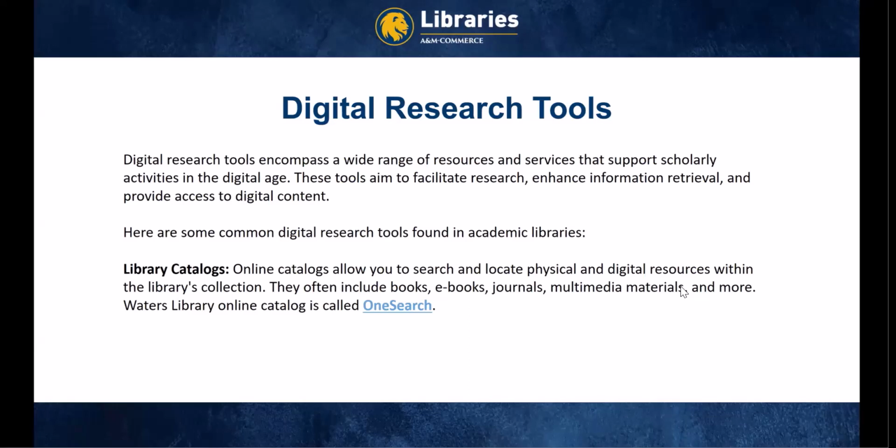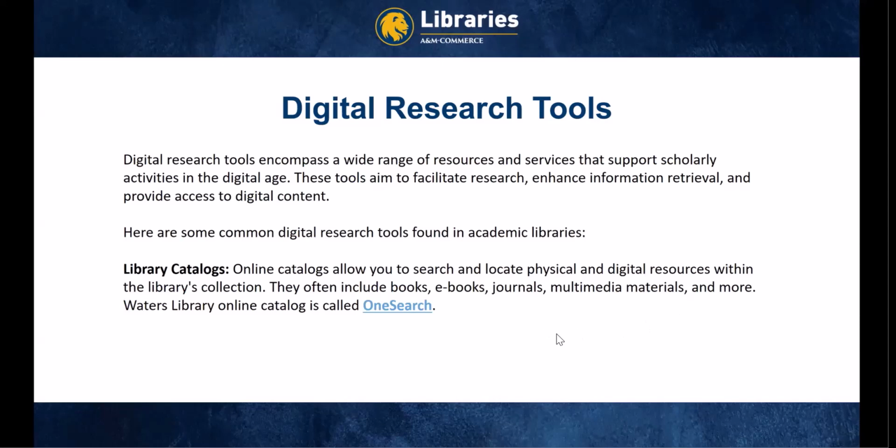The first one is the library catalogs. Online library catalogs let you search and locate physical and digital resources within the library's collection. They include books, e-books, journals, e-journals, and some libraries have print journals, multimedia materials, and more.